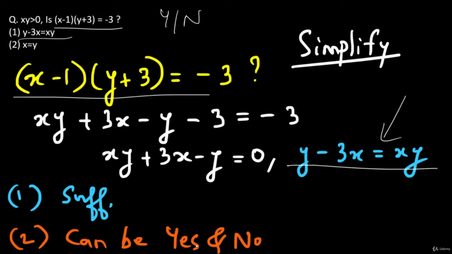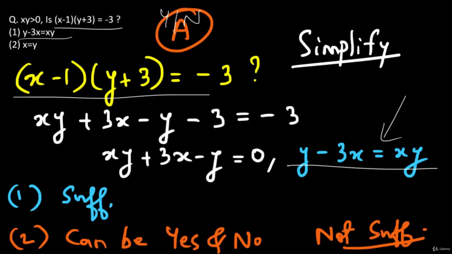So when is it a yes and a no? Let's check that. Now, if you use the value of x and y as minus 2 and minus 2, that is, if you substitute x is equal to y into this equation over here, you will get x minus 3x is equal to x square. So you get minus 2x is equal to x square. So let's take this to the right hand side.